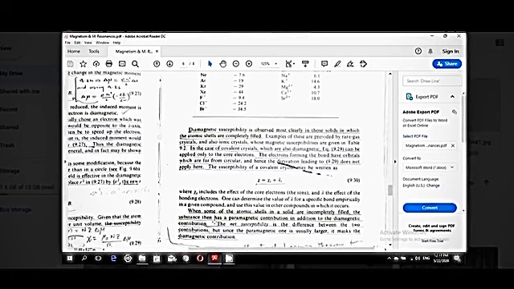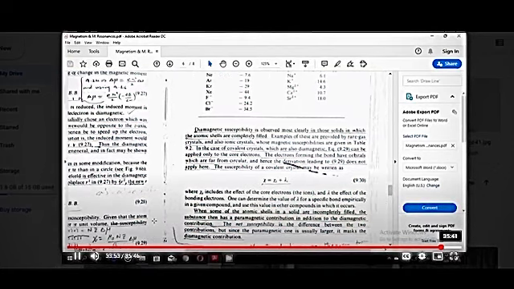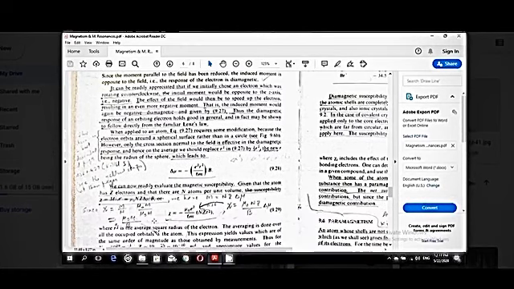In the case of covalent crystals, which are also diamagnetic, equation 9.29 can be applied only to the core electrons. This equation 9.29 is in fact the Langevin diamagnetic equation, and it applies to the inner electrons in a covalent crystal, which are paired up.